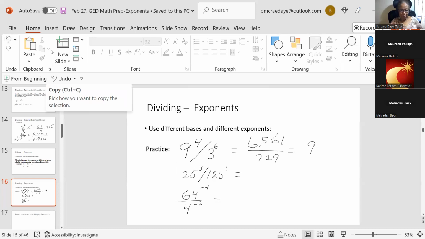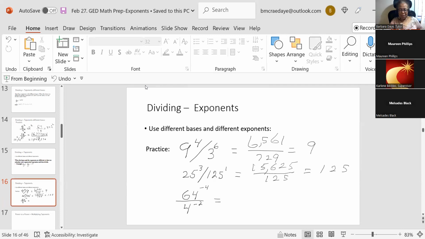So you got 15625 over 125, because 125 to the first is 125. And what was that equal to? 125. Right, very good. That's the answer.